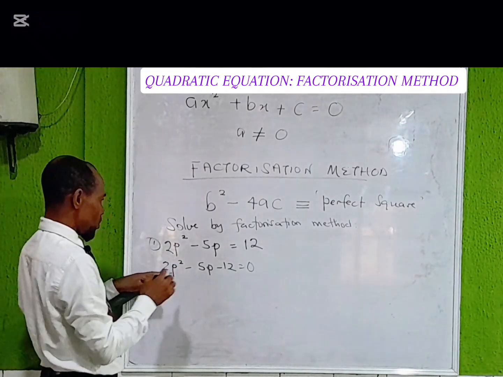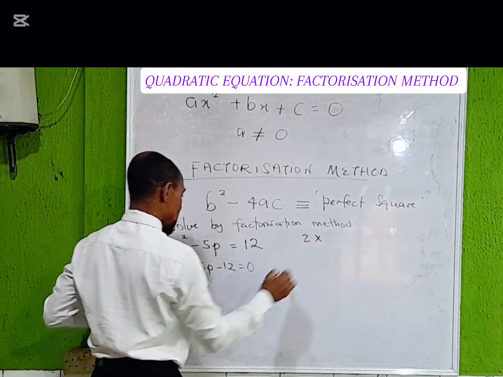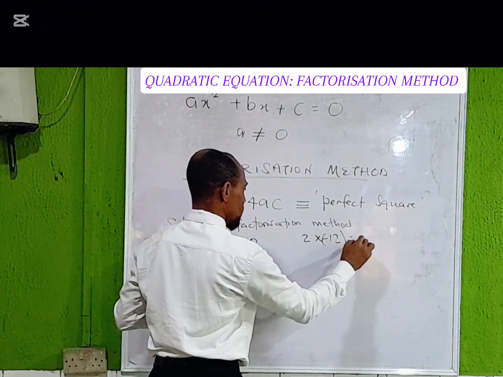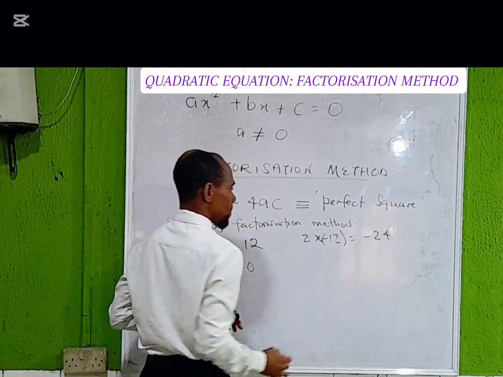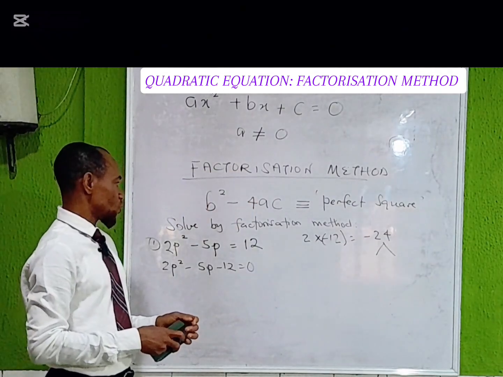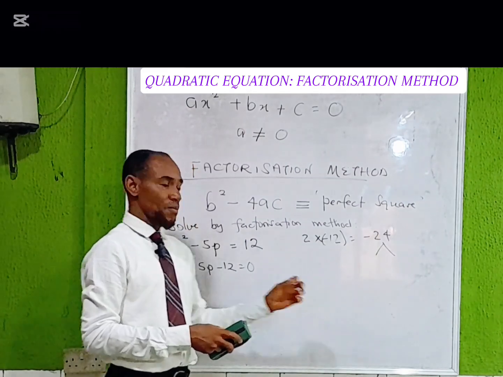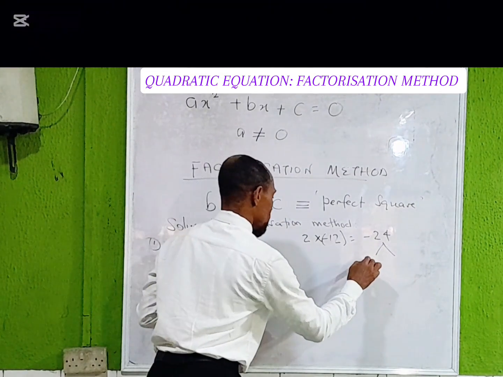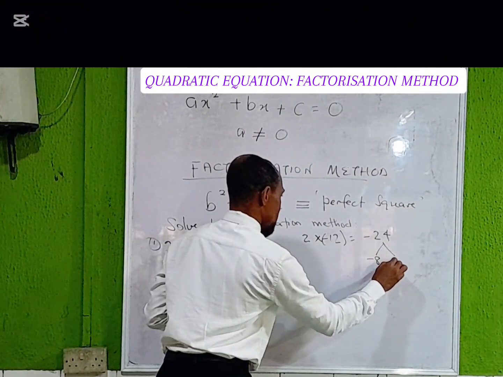The coefficient of p squared is 2. I'm going to say 2 times the constant, which is minus 12. That gives us minus 24. So we now break down into two factors such that the product remains minus 24, but the sum remains minus 5. And that's going to become minus 8 and plus 3.